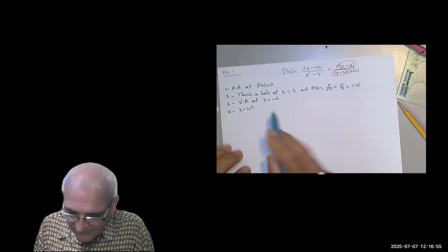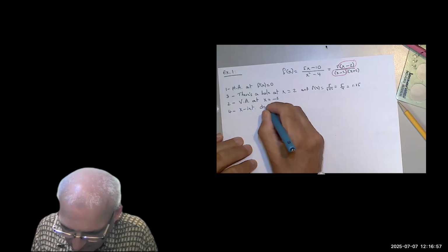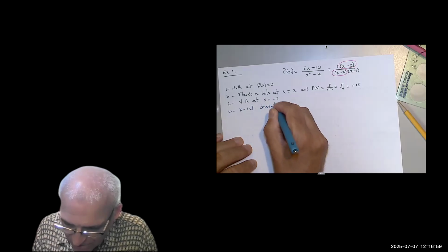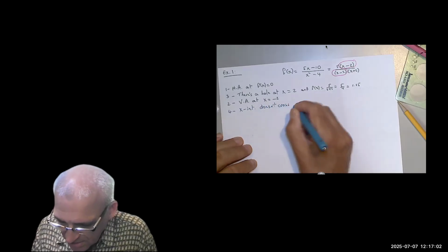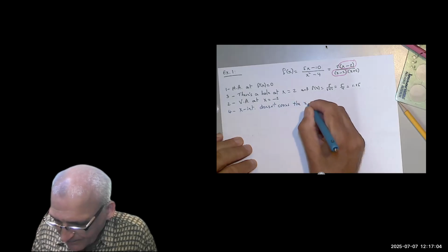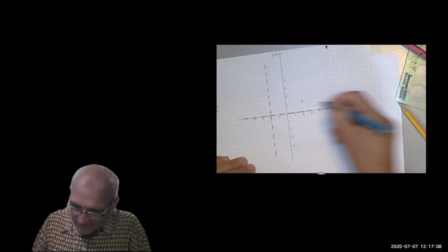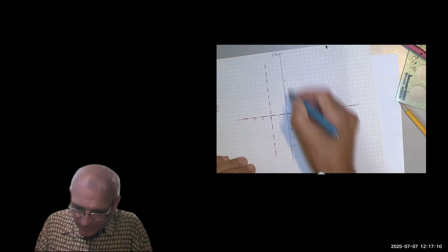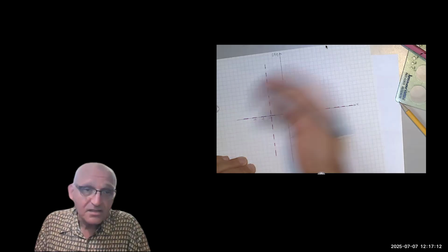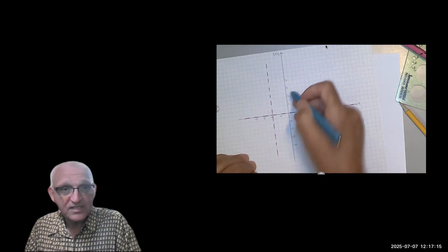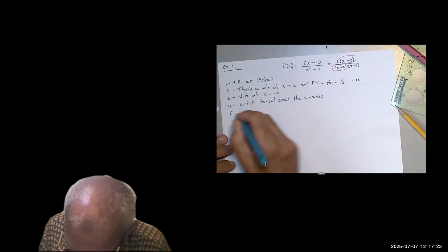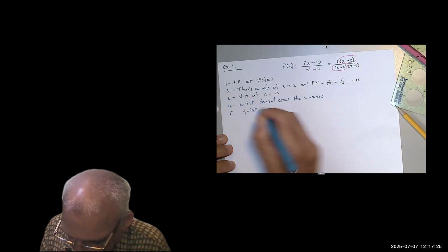So this graph will never cross the x-axis. So I may have a branch like this and a branch like that. Most likely they would be these two branches. There is no x-intercept.